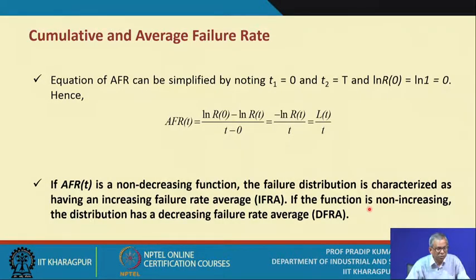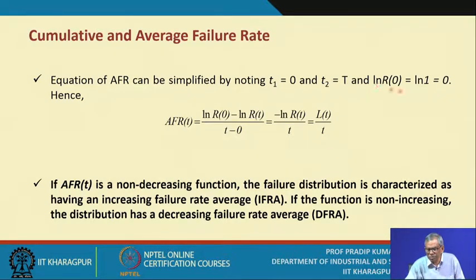Now, the equation of average failure rate can be simplified by noting t1 equals 0 and t2 equals T. That means at time t equals 0, when the product starts functioning, what could be the failure rate? And when it has survived for a capital T time period, at that point in time, that means t equals capital T, what is the failure rate?